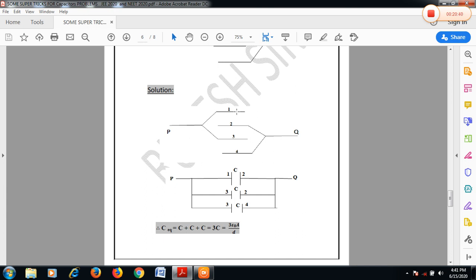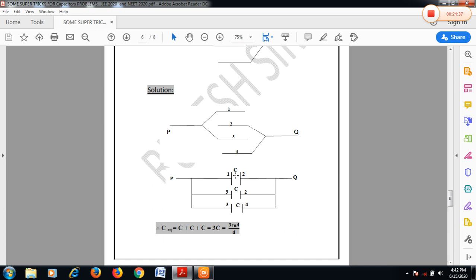Okay, so first of all, we have this plate 1 connected with point P. Then we come across plate 2, which is connected to point Q. All right, and then we have this capacitor, where plate 2 is connected with point Q and plate 3 is connected with point P. So we have another capacitor connected across P and Q. In the next case, again plate 3 is connected to P and plate 4 is connected to Q. So this third capacitor is also connected across the points P and Q. So we have 3 capacitors in parallel combination.